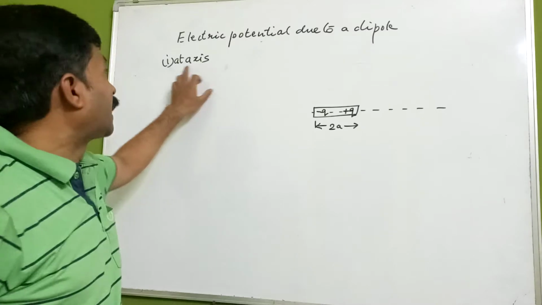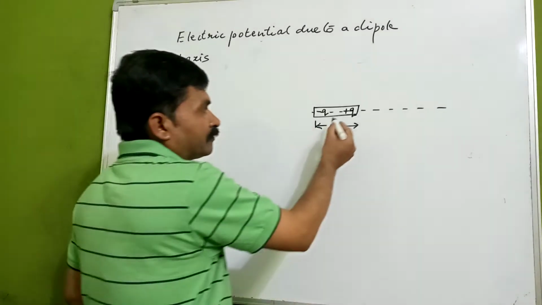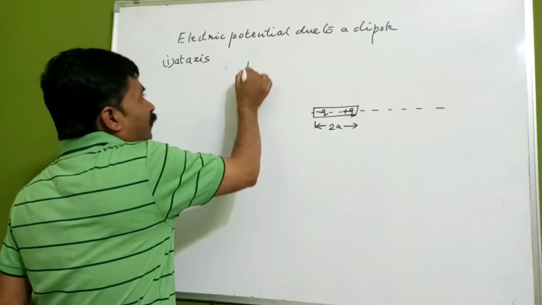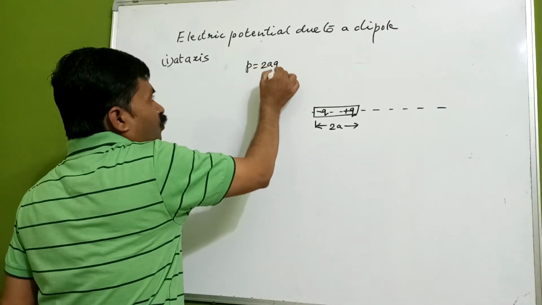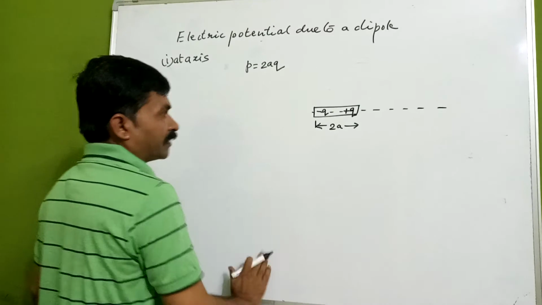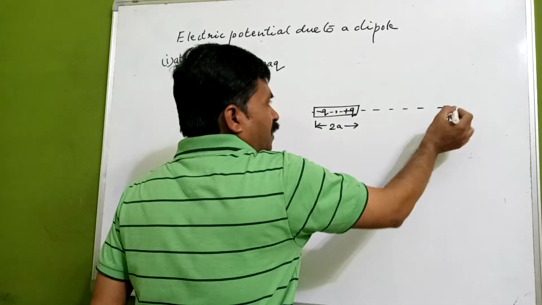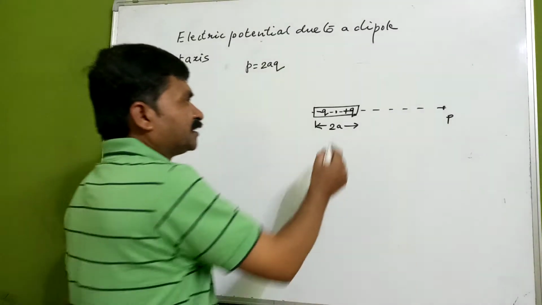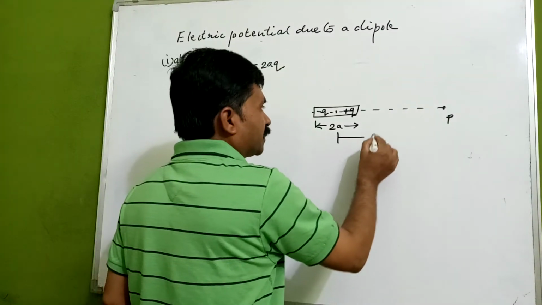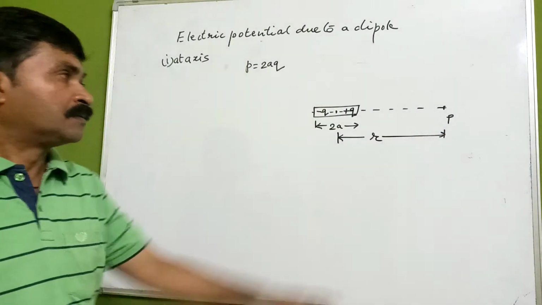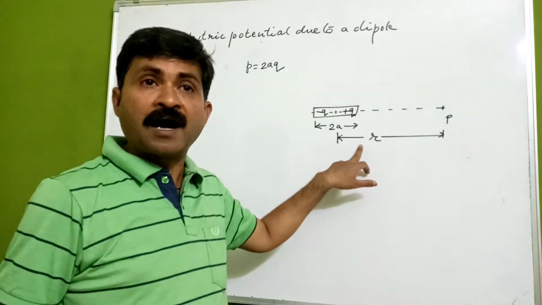We have assumed a dipole with dipole moment 2aq, and we have taken a point P at a distance of r from the center.